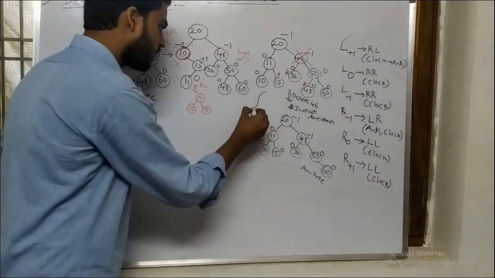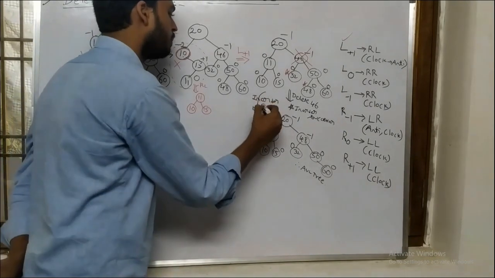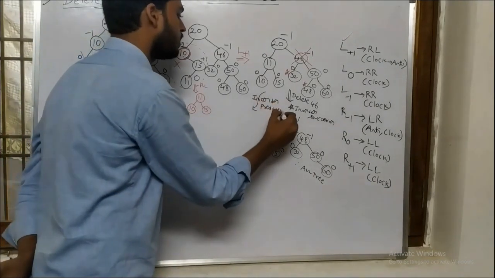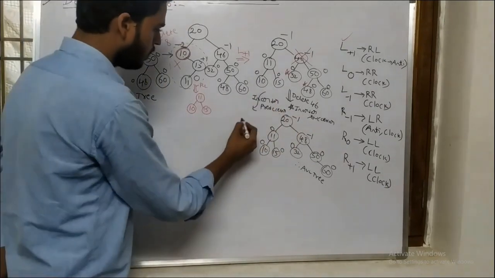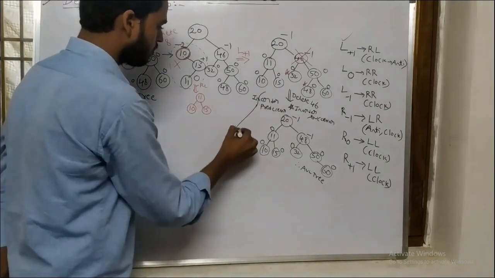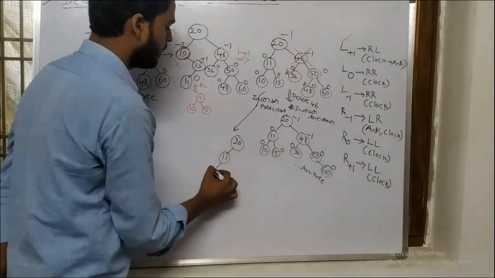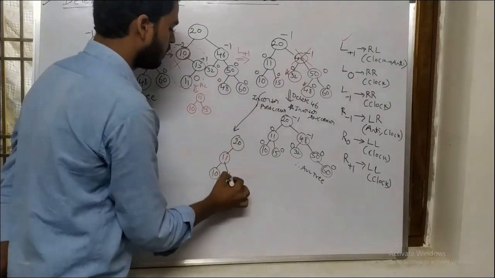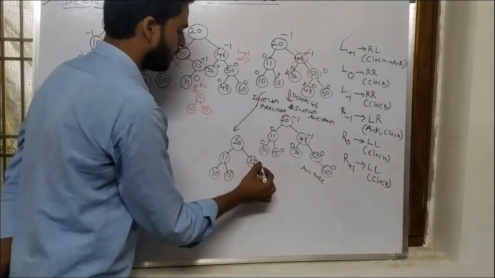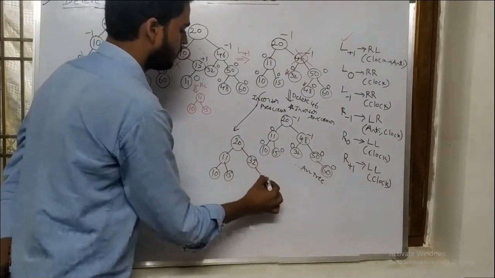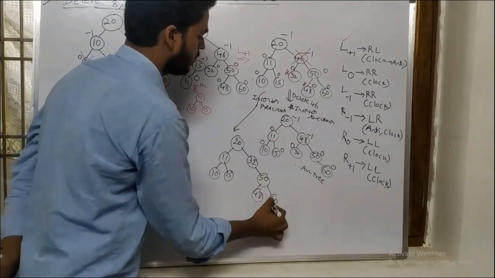Let's take the case of the in-order predecessor. If I take the in-order predecessor, just take a look: 20, 11, 10, 15. Here I will get 32, then next 50, next 48, next 60.